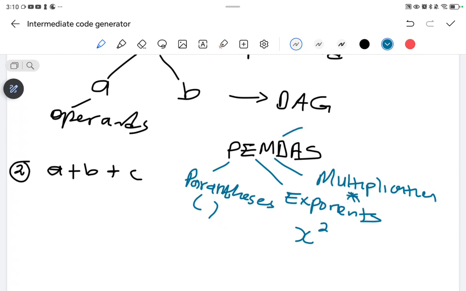D stands for division. Then addition and subtraction. These ones you know, right?